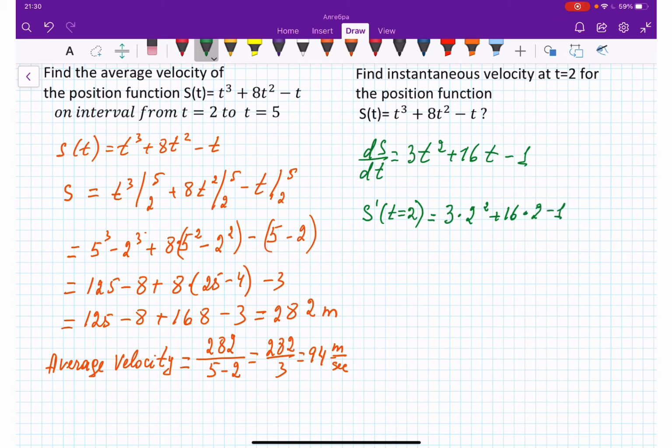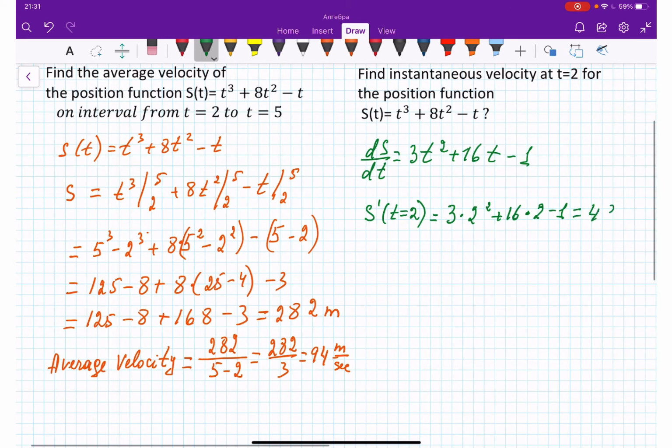It's going to be equal to 4 times 3, 12, plus 32, minus 1, and it's going to be 43. So the instantaneous velocity is going to be 43 meters per second, and the average velocity is 94. What we can say is that average is greater than instantaneous.